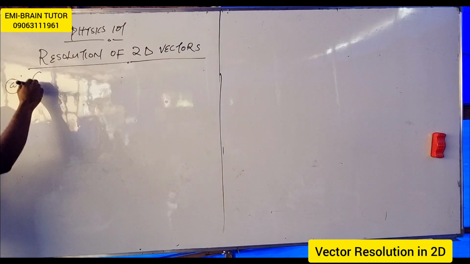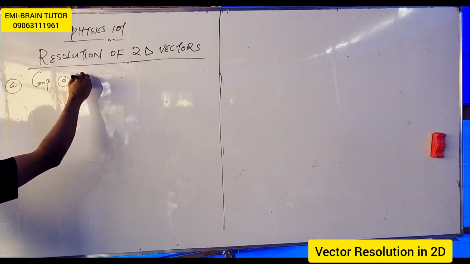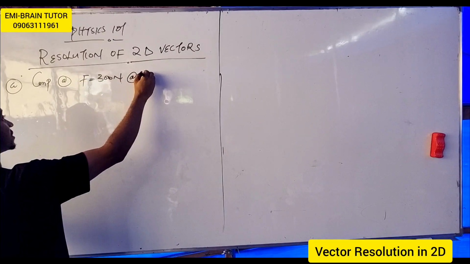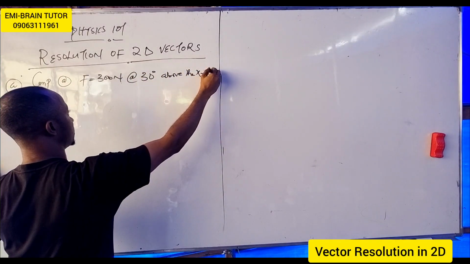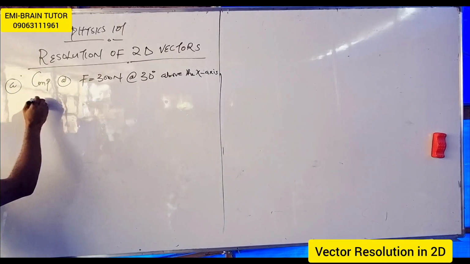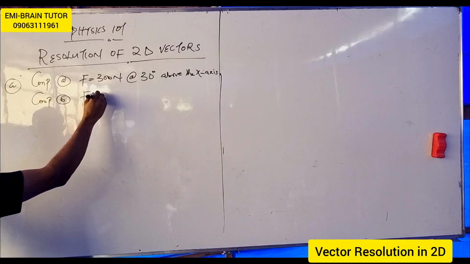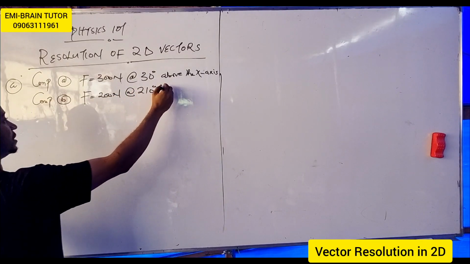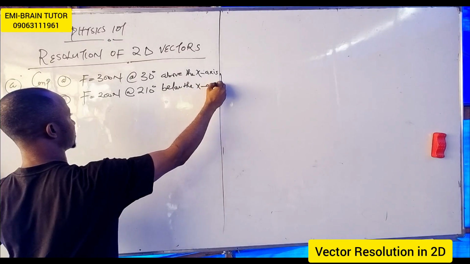We have to find the components of what? The first one, the force is 300 Newton at 30 degrees above the x-axis. The B part says what again? Components of the force of 200 Newton at 210 below the x-axis. Now pay attention.